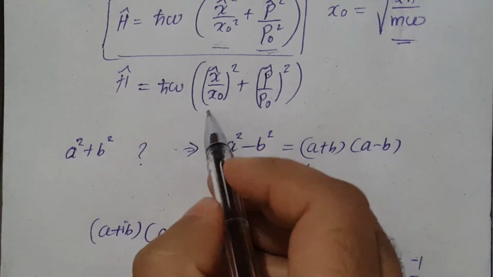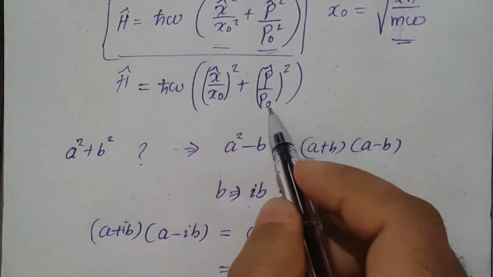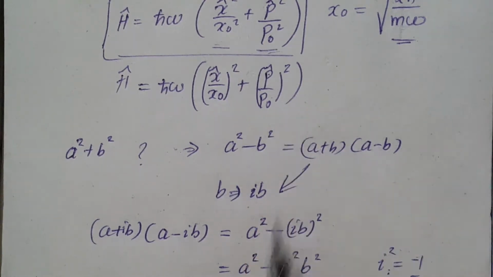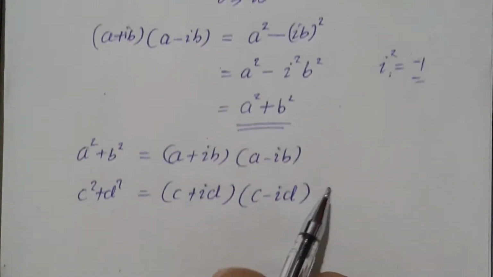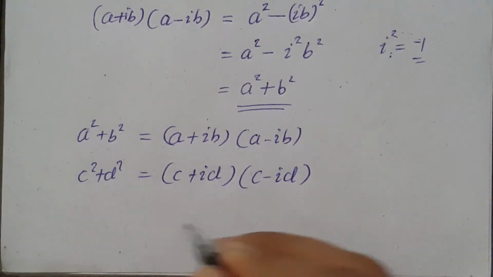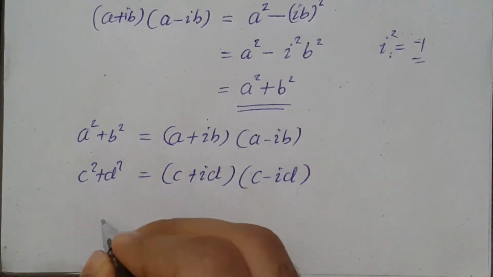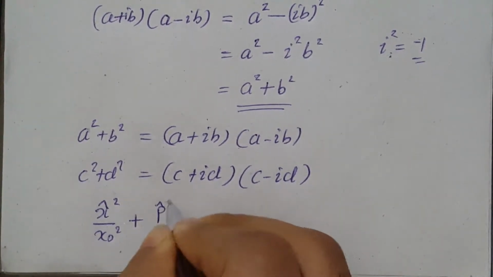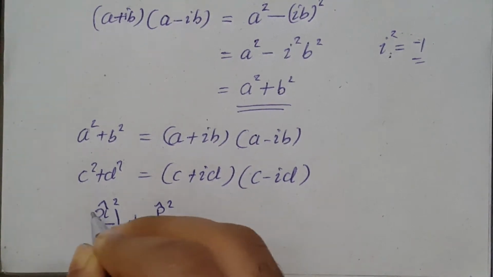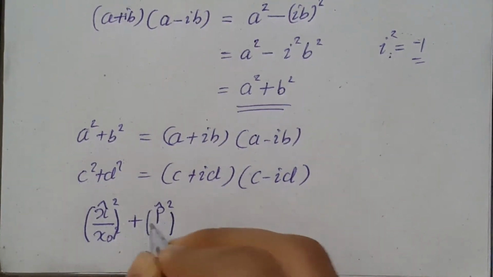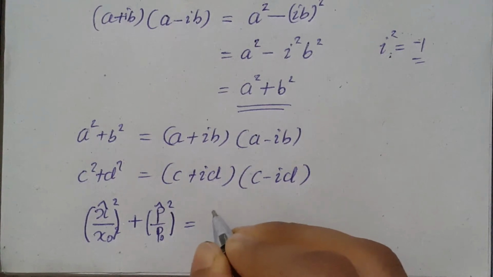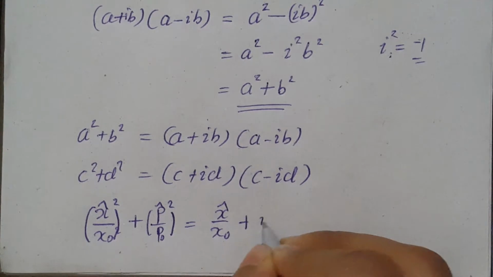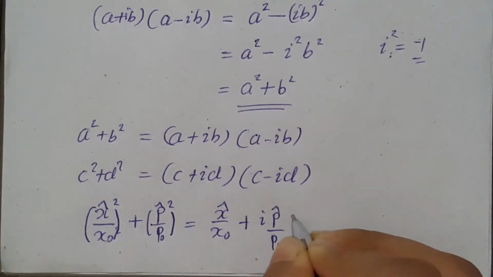Now similarly, what do we have in our Hamiltonian? We have (x cap by x naught) squared plus (p cap by p naught) squared, right? Then we can do the same here also, can we? Let me write how we can write it: x cap by x naught plus i into p cap by p naught.